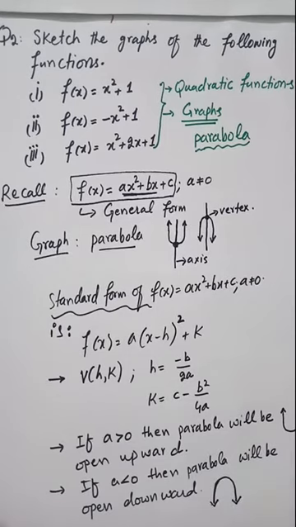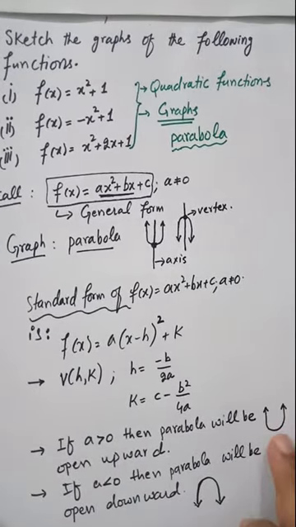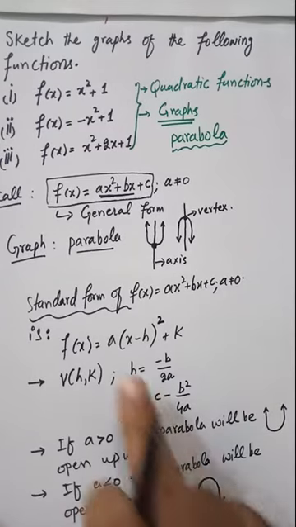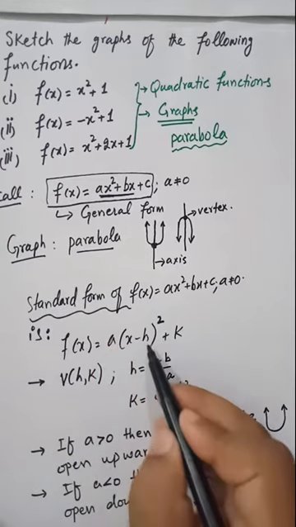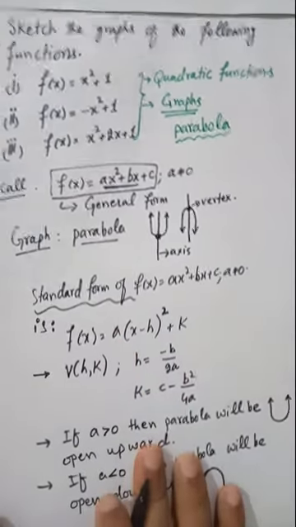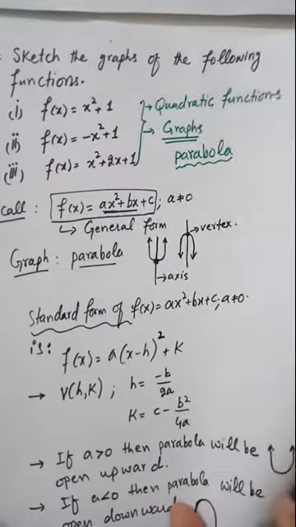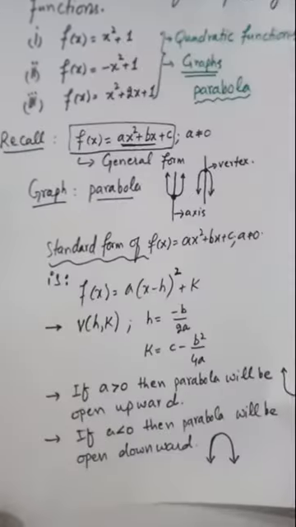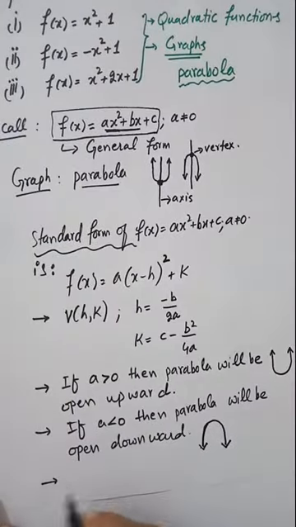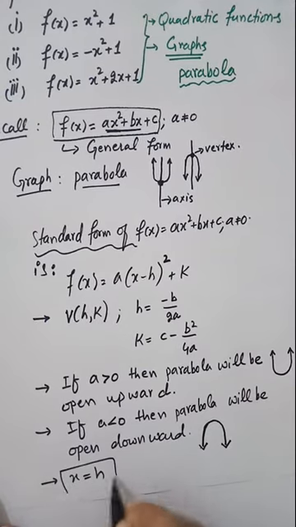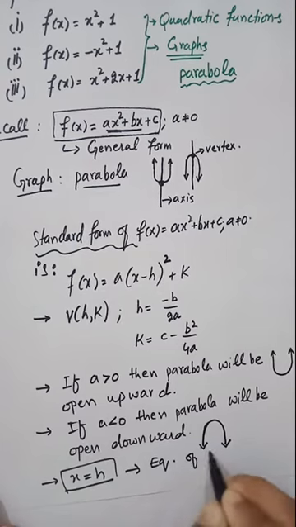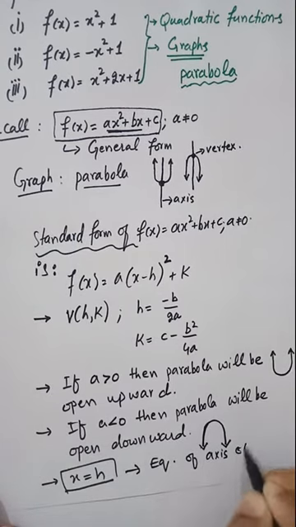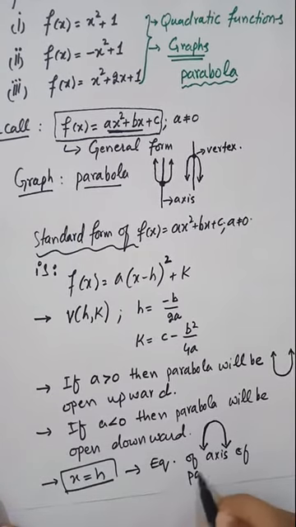Okay, so this is the shape when a is greater than 0, and this is the shape when a is less than 0. a is the coefficient of x square, and x equal to h is the line of symmetry, and x equal to h is the equation of the axis of the parabola.